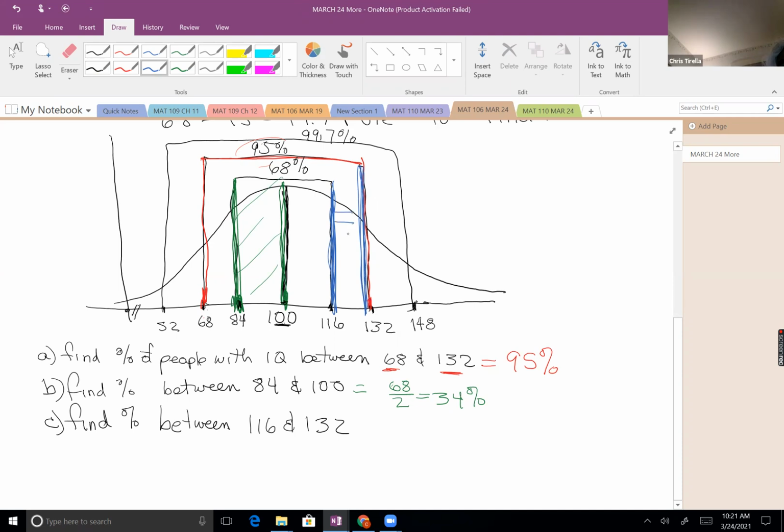And so this part here, do you see how we would have to take the difference between the 95% and the 68%?